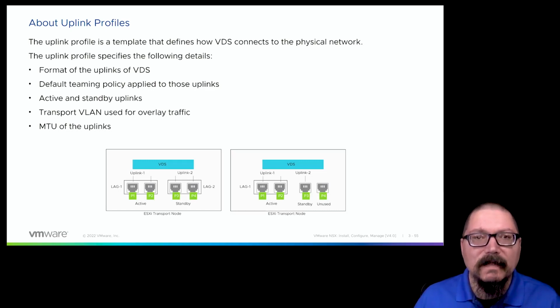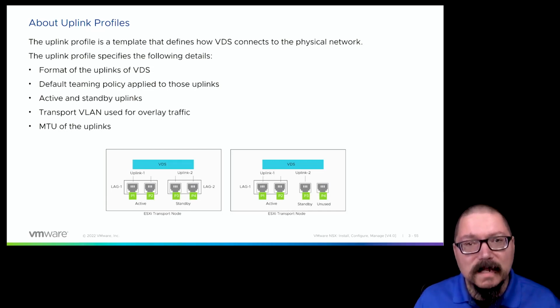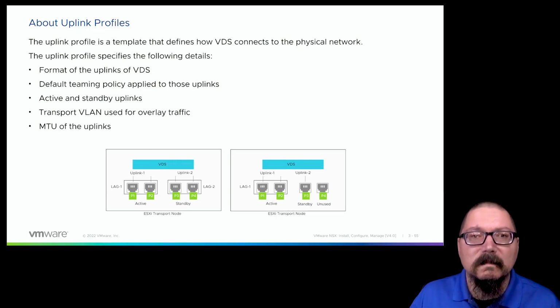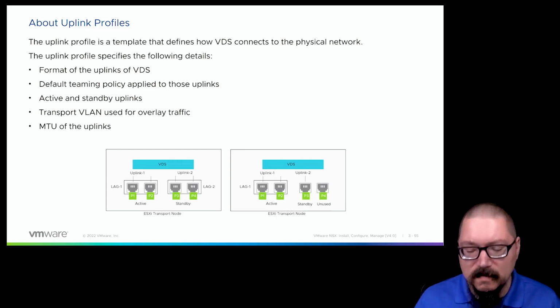And then it's going to include things like, what's my transport VLAN? In other words, when I send overlay traffic, what VLAN am I going to send it across? And maybe even the MTU. Now, the MTU of the uplinks is necessary for platforms that are not using the VDS. In other words, it's something I'm going to configure on my edge transport nodes and my bare metal transport nodes.